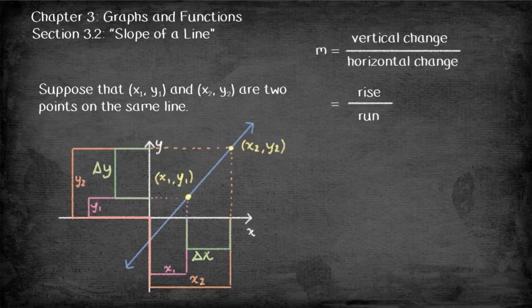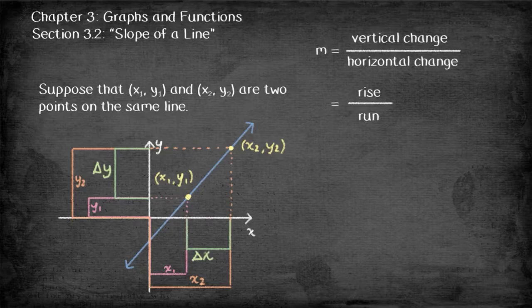So we have delta x being the length of the horizontal green line, and delta y being the length of the vertical green line.